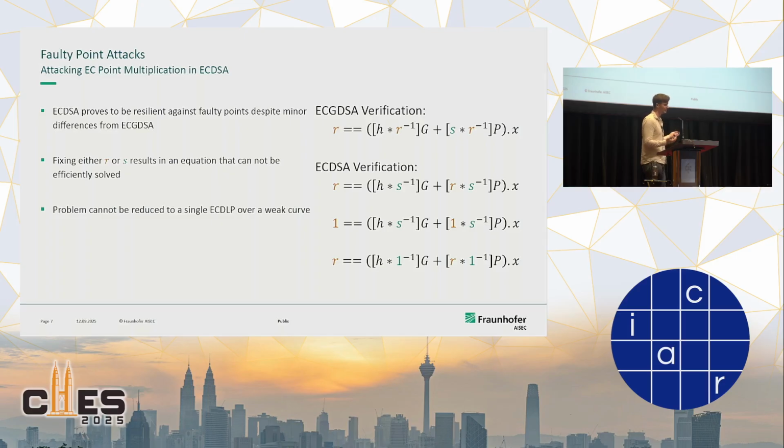And for the Pohlig-Hellman algorithm, or if we want to come up with some variation for it to solve this problem somehow, we always work on subgroups of these curve points. And now that we've got these two different points, G and P, that are not on the same curve anymore, we don't really have any common subgroups that we could solve this problem for. And this is why we believe that it's not really possible to perform such an attack on ECDSA.